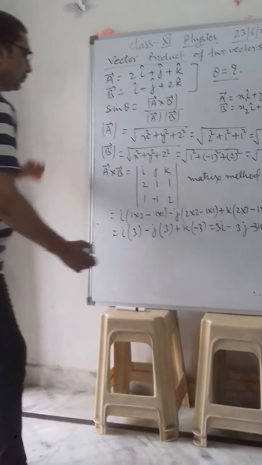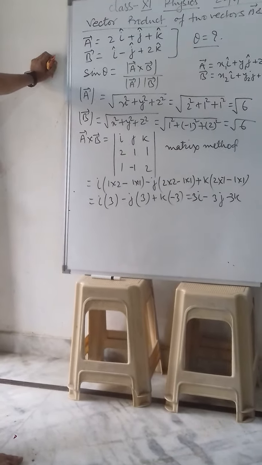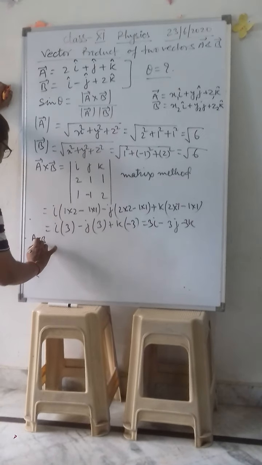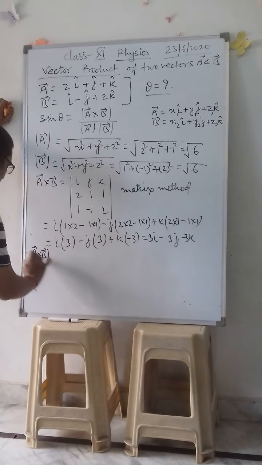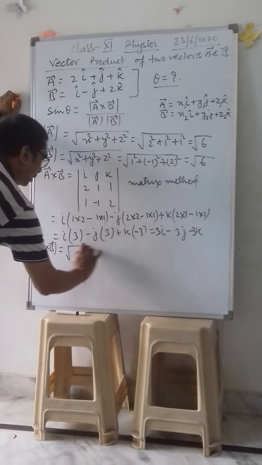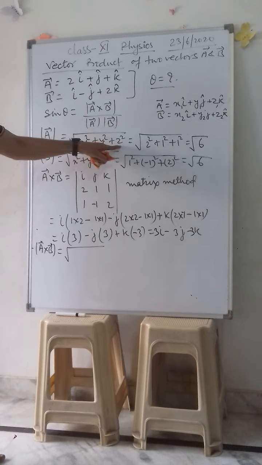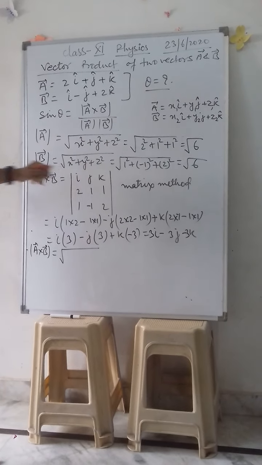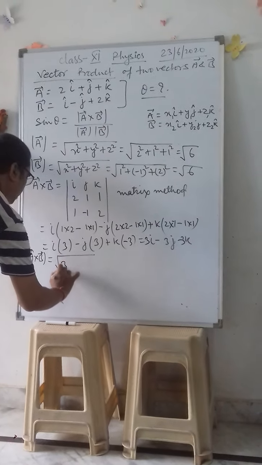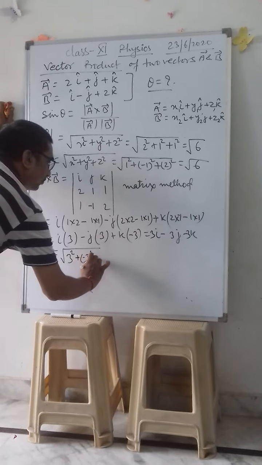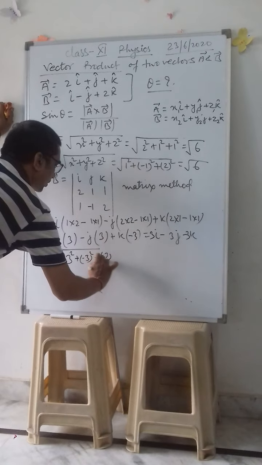Now we have to find the mode of A cross B. Similarly, the formula is the square root of x square plus y square plus z square. So we write 3 square plus minus 3 square plus minus 3 square.